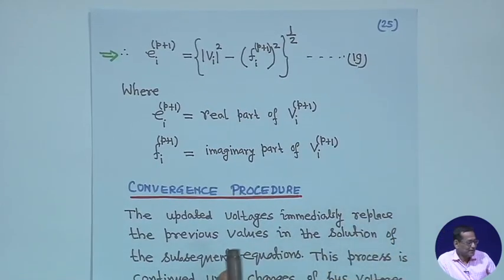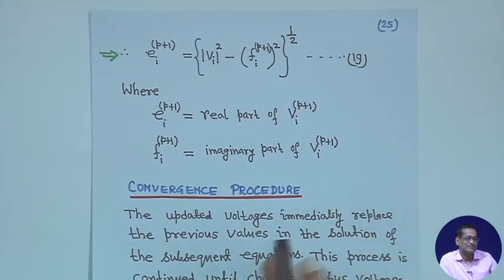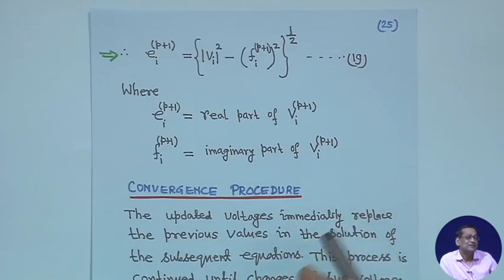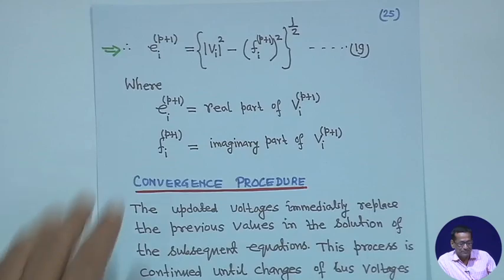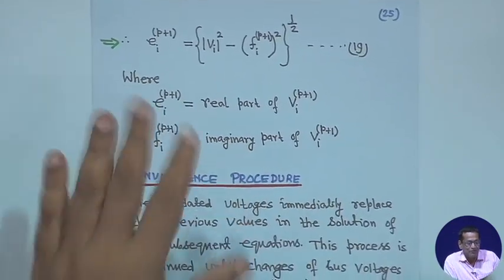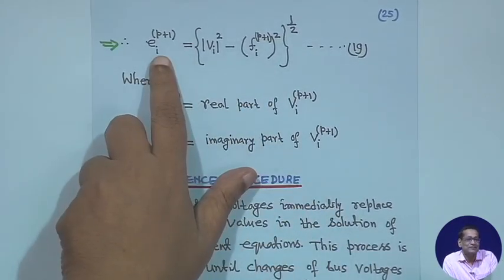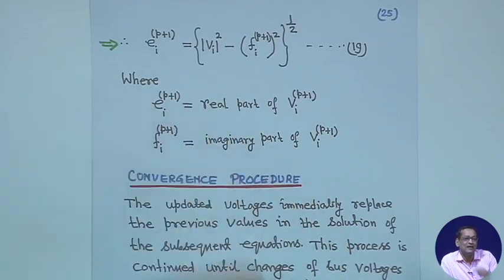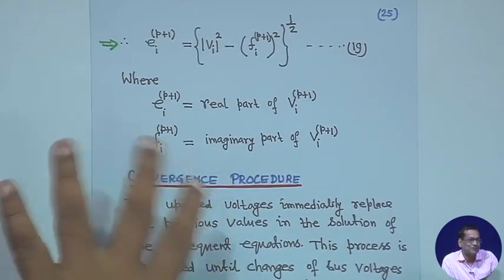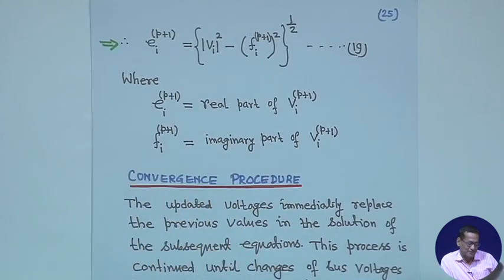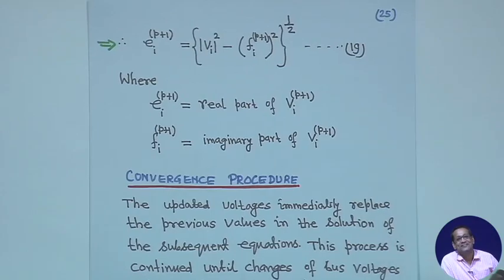First the theory, and next we will take the example. When I solve those, I will recall all of this. If I try to solve in between, the continuity will be lost.